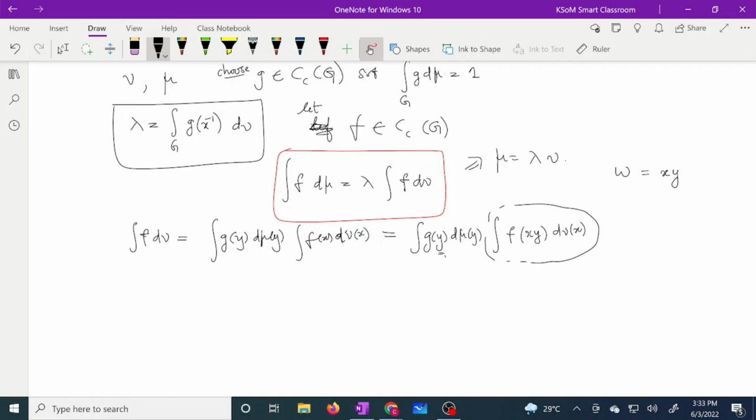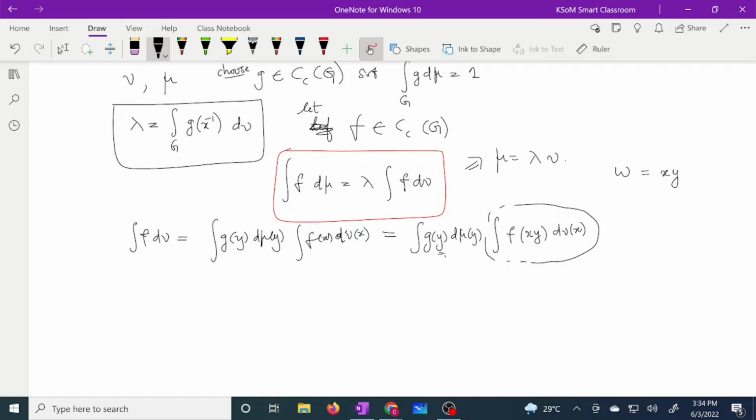So again you can think of it as using Fubini's theorem. For every y I can make this substitution, and since the integral is running through the whole of g, this will not change the domain of integration, because translating by y will give me g itself. And if I do this, then what will happen?